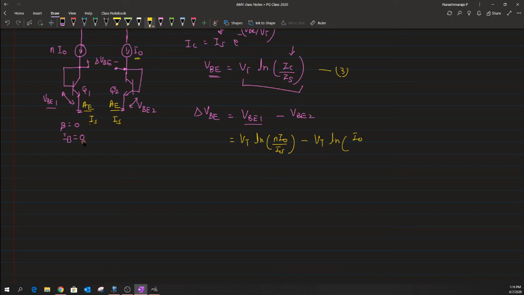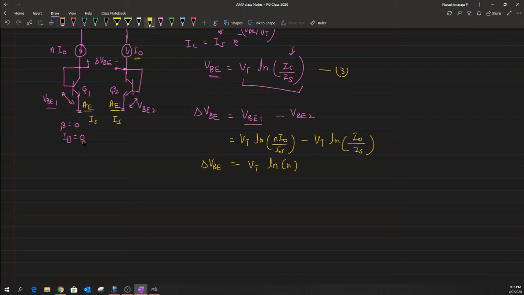As you can see, the current flowing through this Q2 transistor is just I naught divided by IS, because the area of this structure is the same as that of the Q1 structure. Okay. And just by doing simple math, one would end up having a quantity which is ln of n. Okay. So, VT into ln of n is this delta VBE.